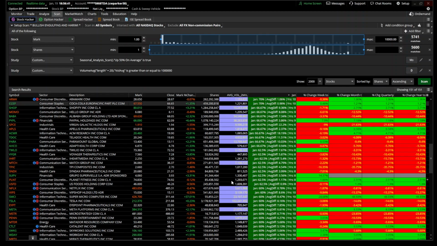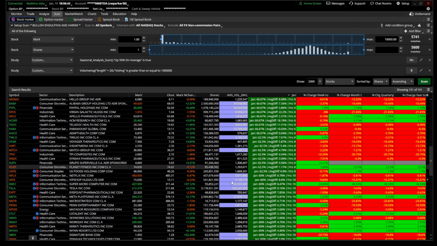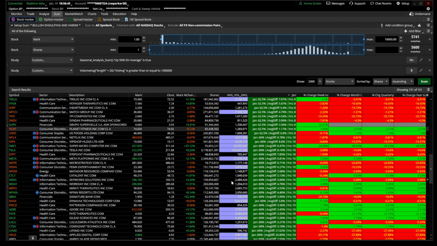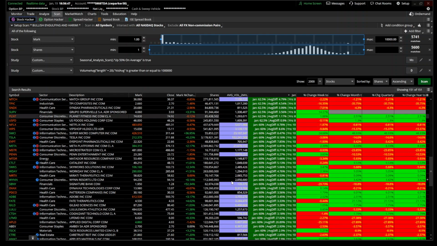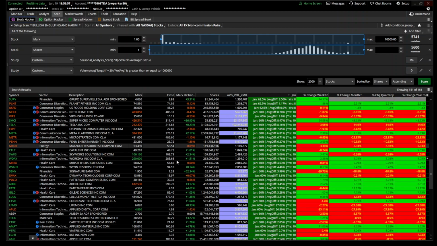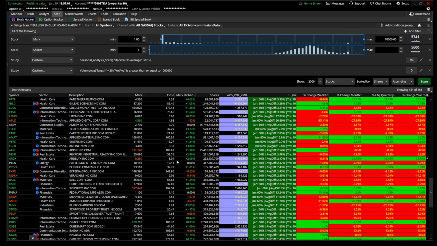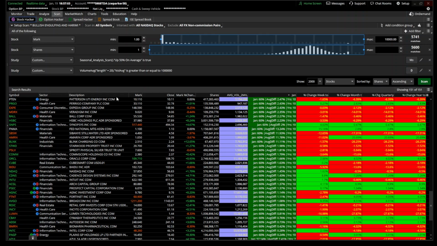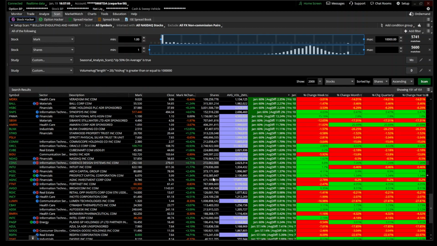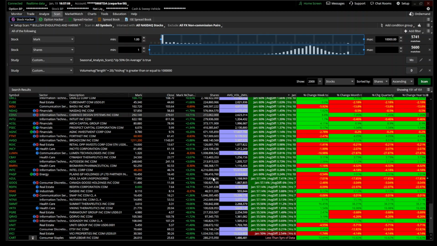I'm going to shift it in a moment to look at tech and some of those other sectors for anybody who wants to know. And these are the change for week, month, quarter, and year. These highlighted ones have an average volume of 2 million, and all of the ones I have brought up have an average volume of 1 million over a 20-period average.